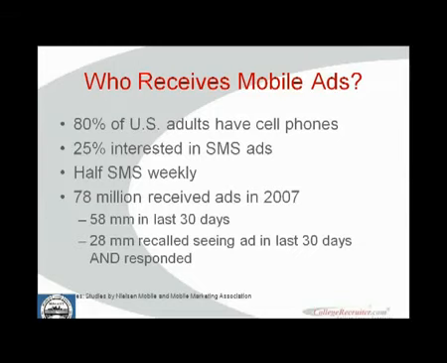And about half of those not only received a text message in the previous month, but they remembered the message and they responded to it. This is why cell phone text messaging and mobile advertising in general is so incredibly powerful, because not only do people see these ads, they remember them and they respond to them.